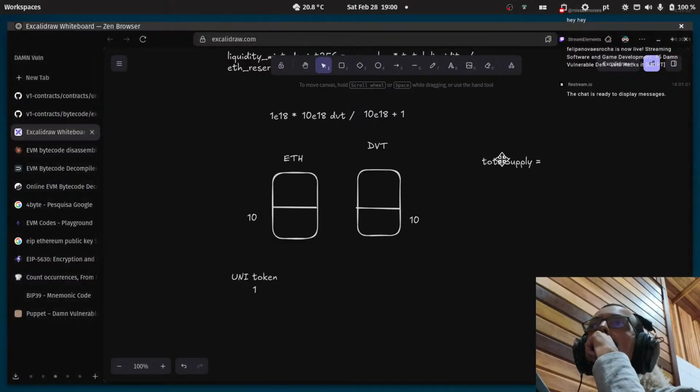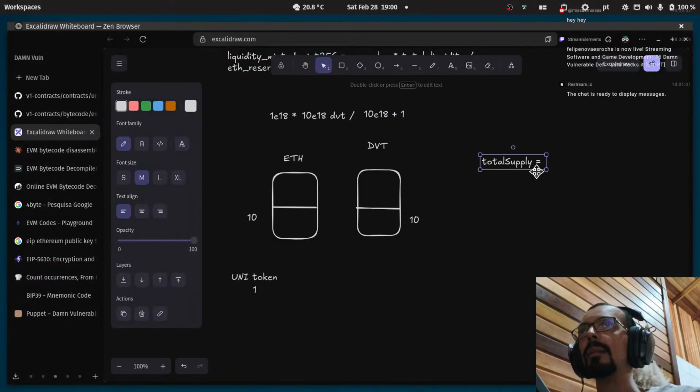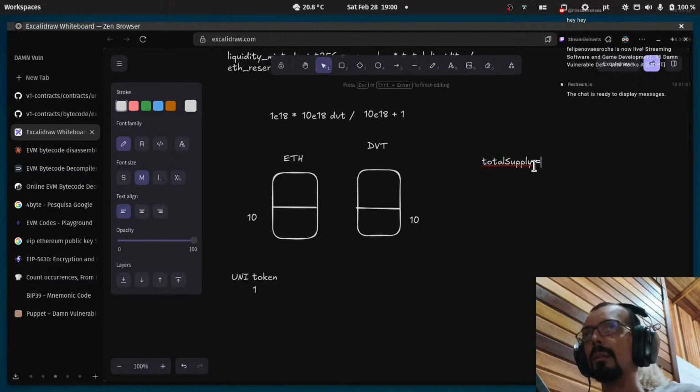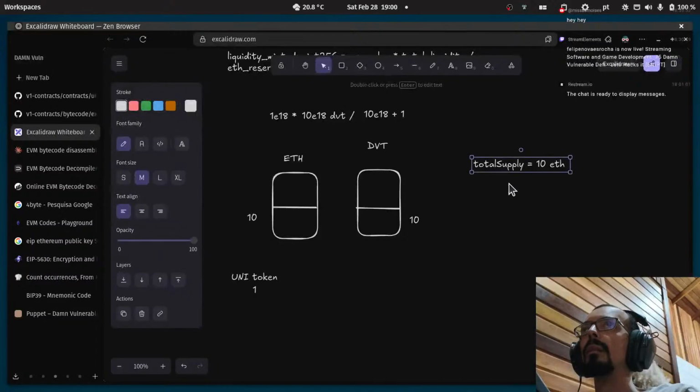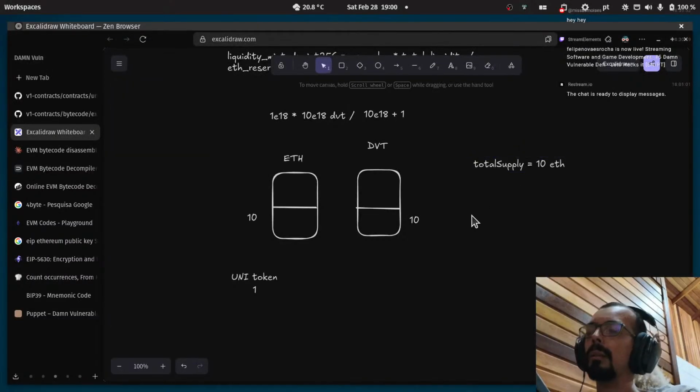So here, the total supply should be 10. 10 Ethereum, the total supply.